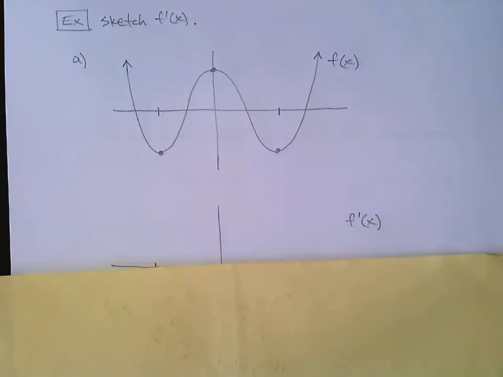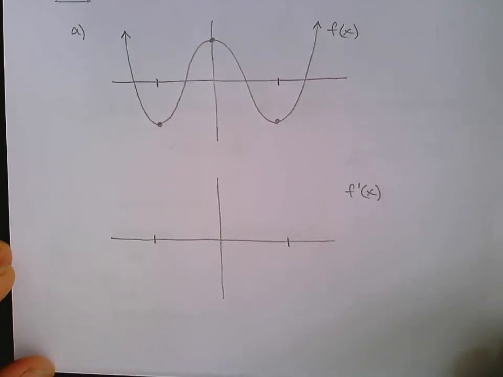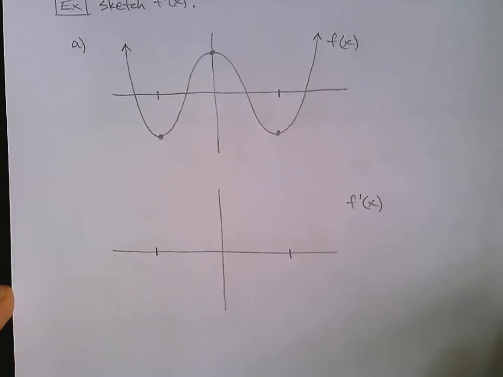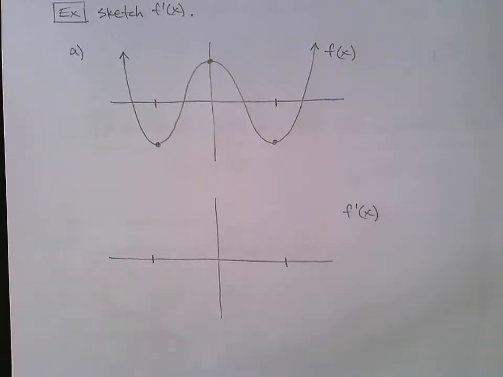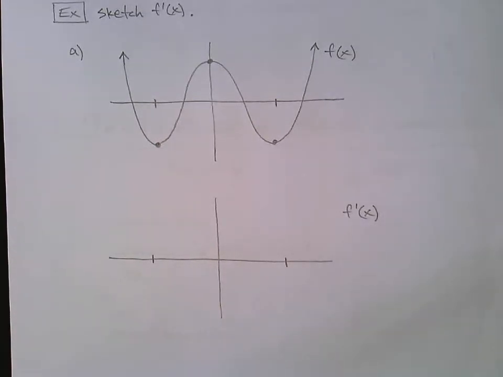At the same time, I have drawn the corresponding xy plane down here, and this is where we're going to graph f prime. All right, so once you're ready, we're going to begin.